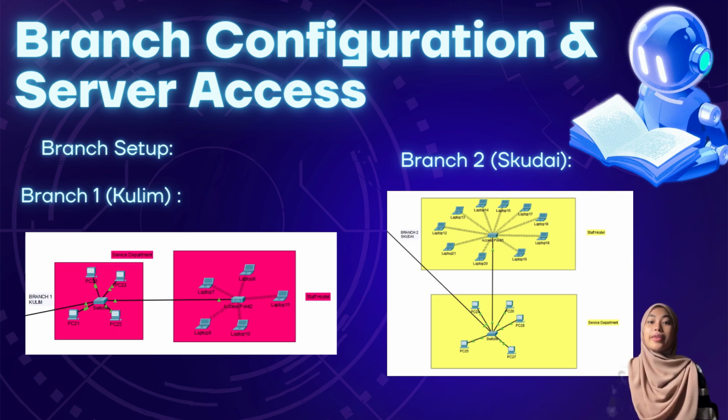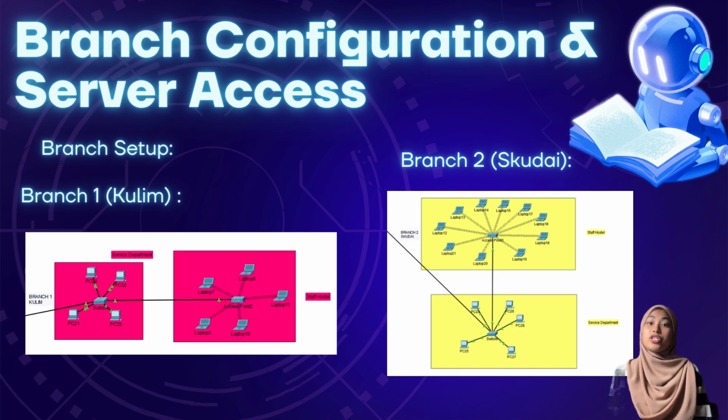Now, I will demonstrate the configuration for our two branch locations, which are Kulim and Skudai. For branch 1 in Kulim, we have configured house A for the service department with 4 wired PCs and house B as the staff hostel for wireless notebooks.